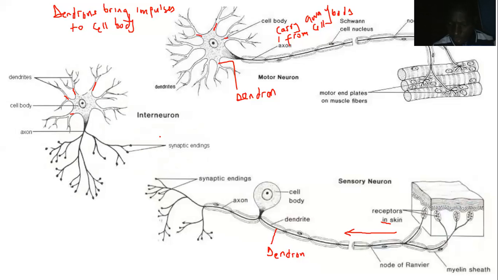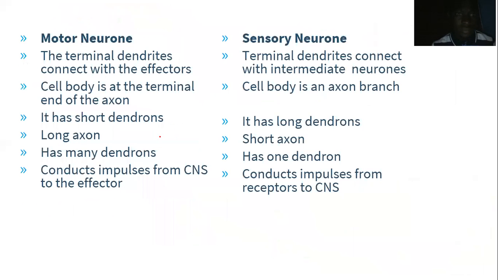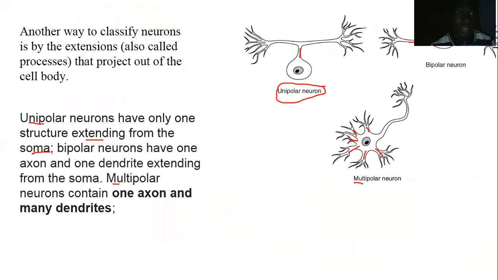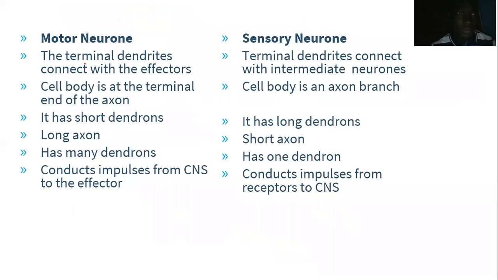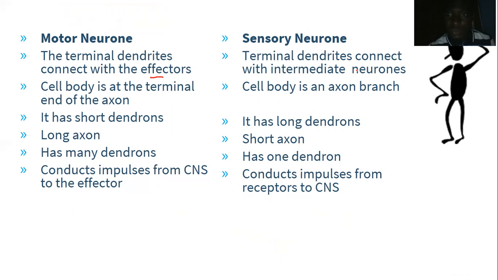Okay. Then going forward, these are the differences between the motor neuron, as I've talked of them, and the sensory neuron, whereby with the sensory neuron, the terminal dendrites connect with the effectors, and then the terminal dendrites connect with the intermediate neurons.